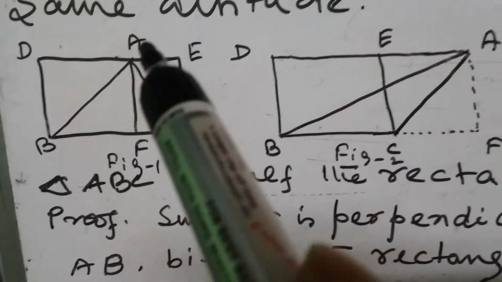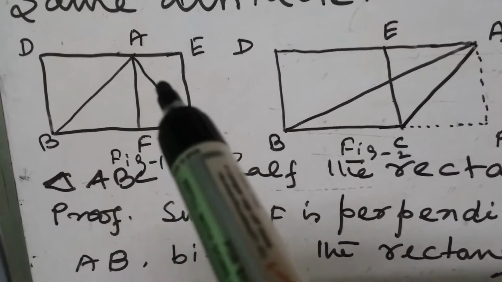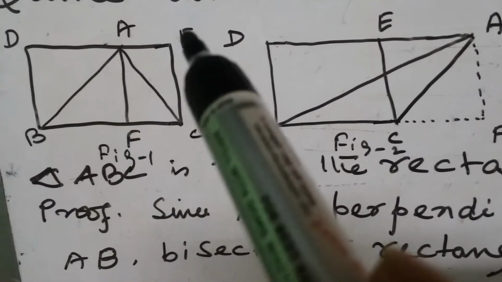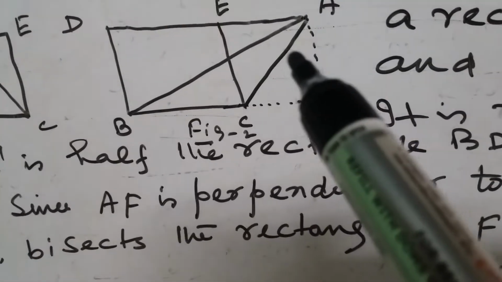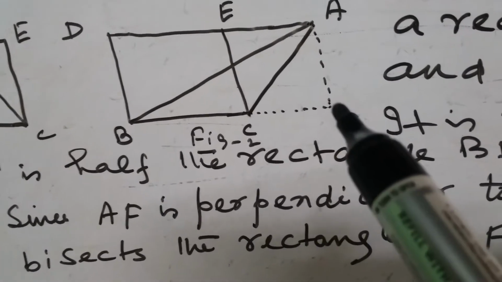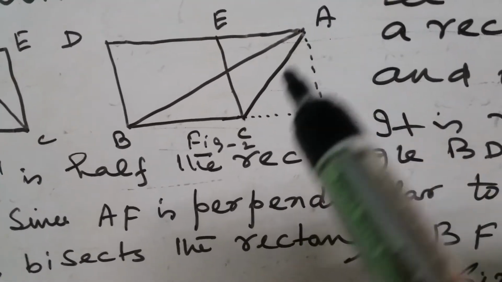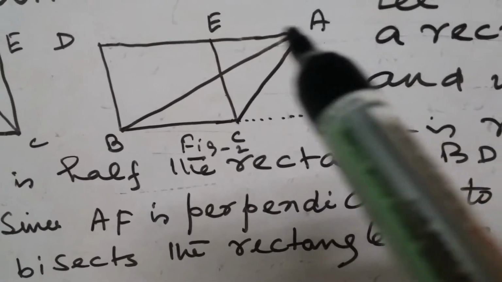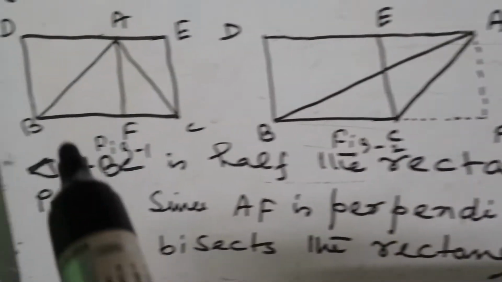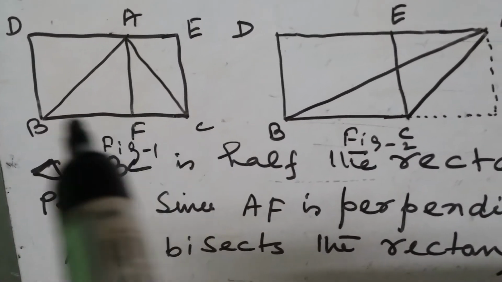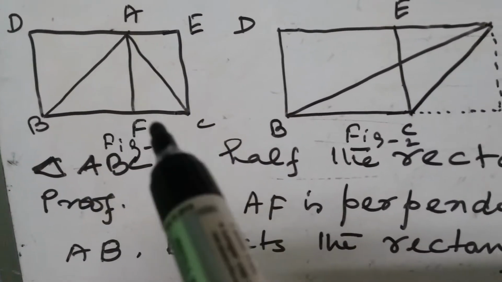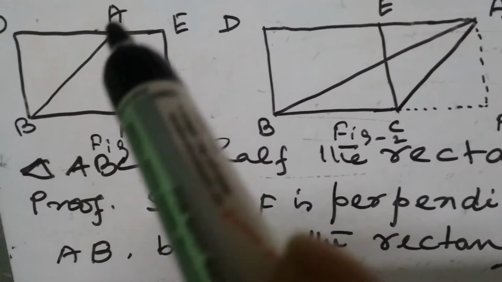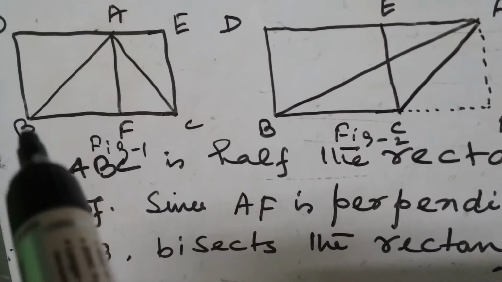Again, this is a diagonal. So AFC is equal to half of this rectangle. From here, this rectangle, this is a diagonal, so this area is half of this. Now if we add the two rectangles, we get the total rectangle, and if we add the two triangles, we get the total triangle.